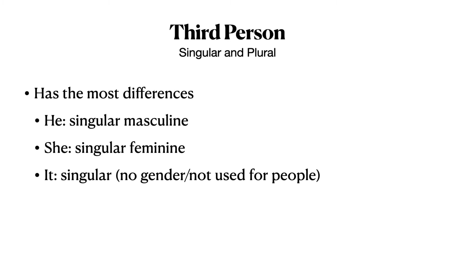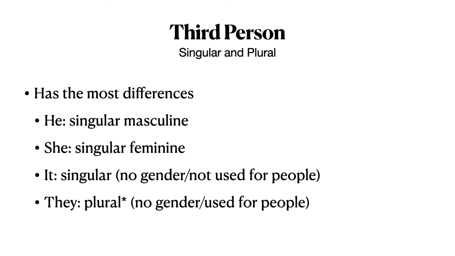It has no gender, but you would not use it for people. They is plural. It has no gender. It's used for people. And you can also use it for a singular person, which we will talk about in a couple minutes.